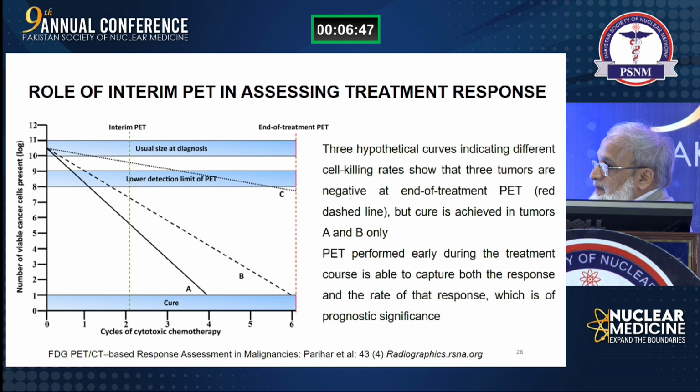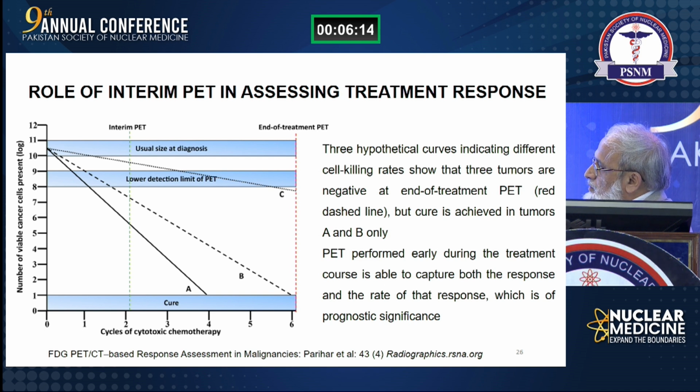So the role of interim PET for the assessment of treatment response is important. If we start at the baseline, we have a certain number of cells which are showing FDG uptake, and over a period of time, at the end of therapy, the cells may be getting killed and complete cure is achieved. On the other hand, we have a certain group of patients in which the response to the treatment may not be very good.